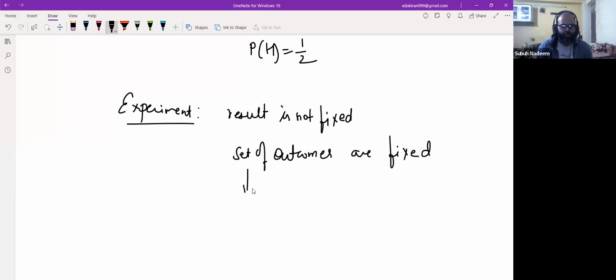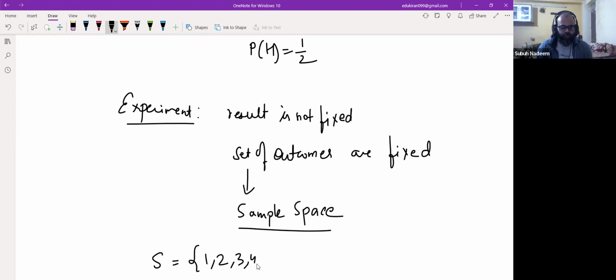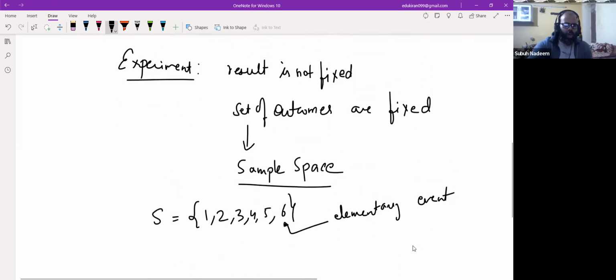So this set of outcomes is called the sample space. That is where we have the elementary events. For example, if you throw a dice, you will get 1, 2, 3, 4, 5, 6. So these are elementary events. 6 is one elementary event, 5 is another elementary event, and so on.